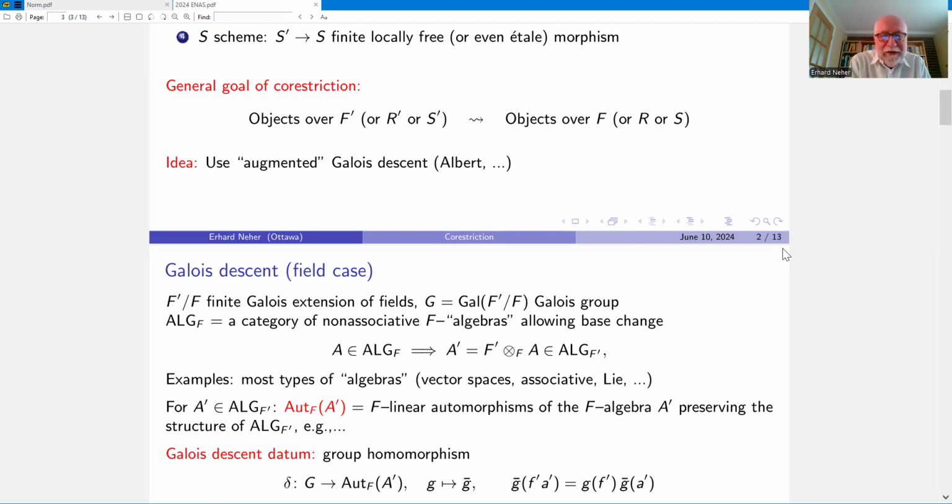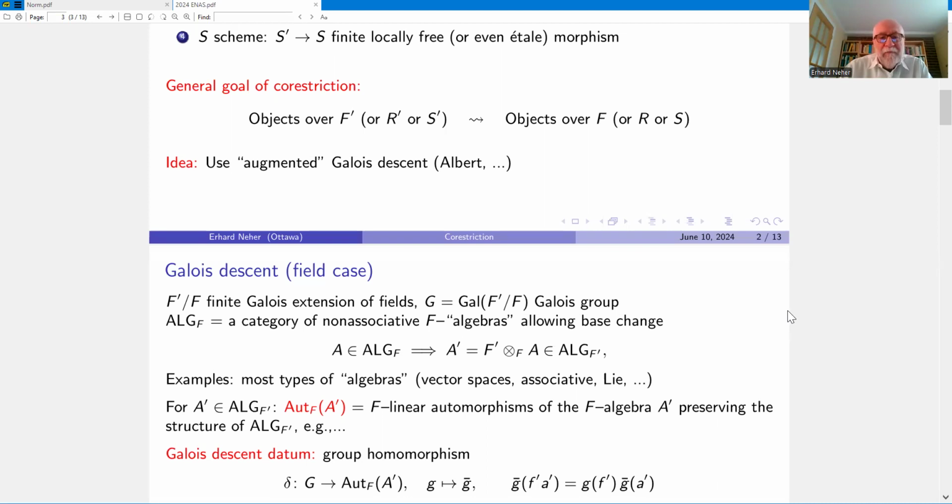So admittedly, this is a little bit vague. This could be the category of just F vector spaces, so algebras have zero product. This could be the category of associative F-algebras, or this could be the category of all non-associative algebras. It could be, for the time being, also the category of Lie algebras.